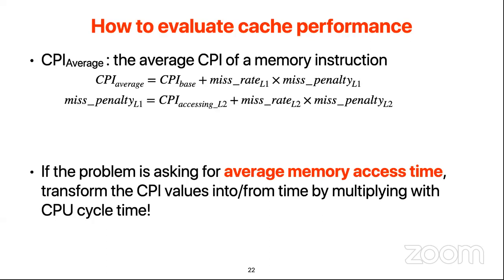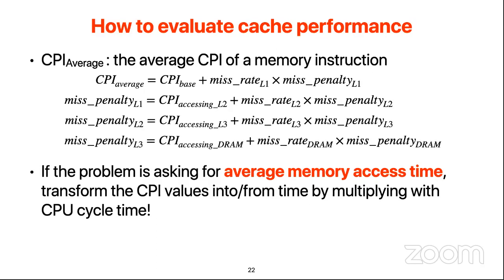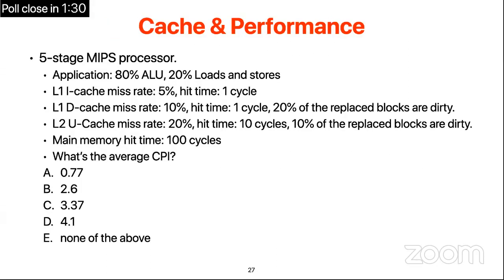According to the graph I just showed you, the miss penalty is the time of accessing your next level cache plus the miss rate of the next level times its miss penalty. If you keep iterating, this is how you get your average memory access time. So let me give you one example to walk through, and you will have more practice in your homework on this line of questions.